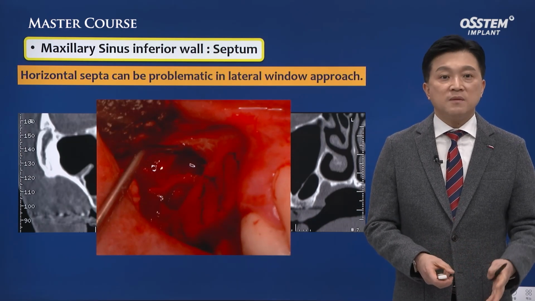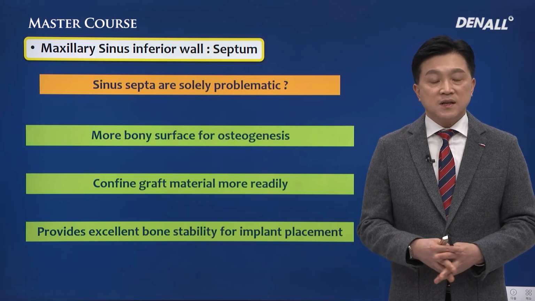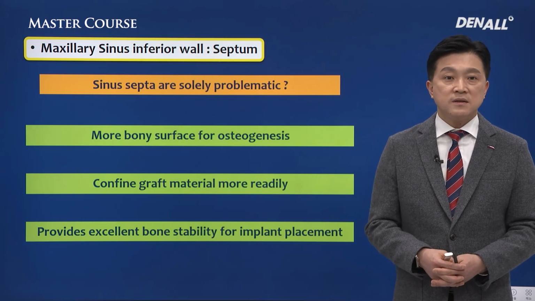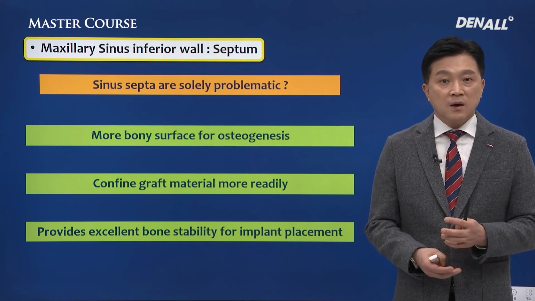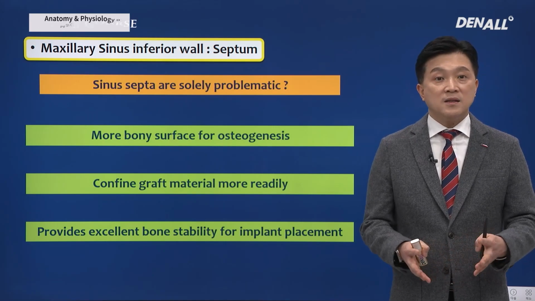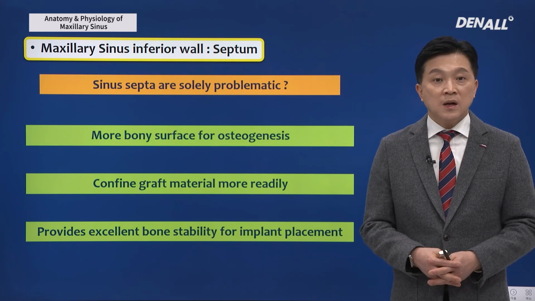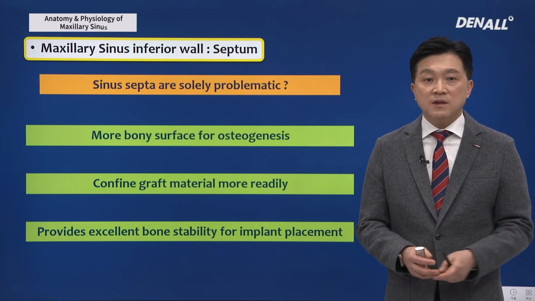But from a different perspective, if we can address septum appropriately and safely elevate the membrane because of the characteristics of the septum, we'd be able to get better osteogenesis. We'd be able to utilize more bony surface. Septum causes incomplete compartment.